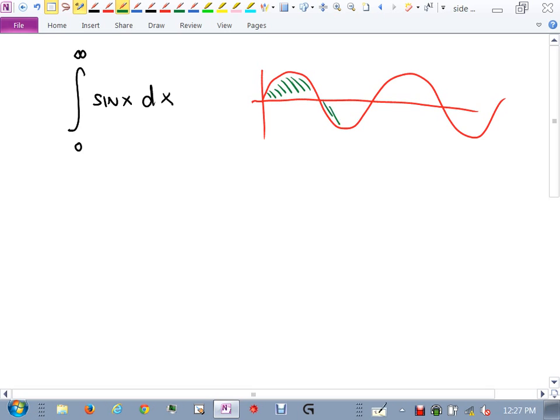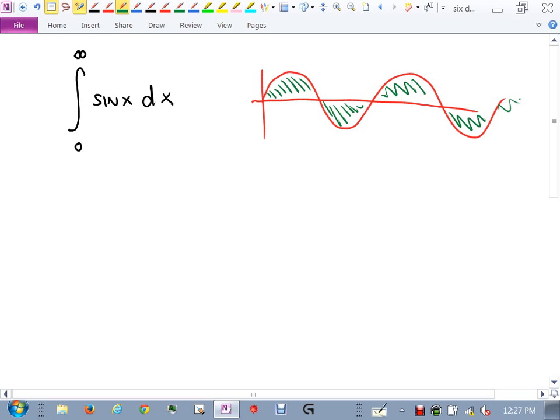And then it comes and gets canceled. And then up, and then it gets canceled. And then up, and it gets canceled. So you might want to say it's 0, but the problem is you're never stopping. So as you go out to the right, the area is not converging to anything. You keep on getting some, and then it goes away, and then it becomes negative, and then, you know what I'm saying? It keeps on going and canceling itself out.